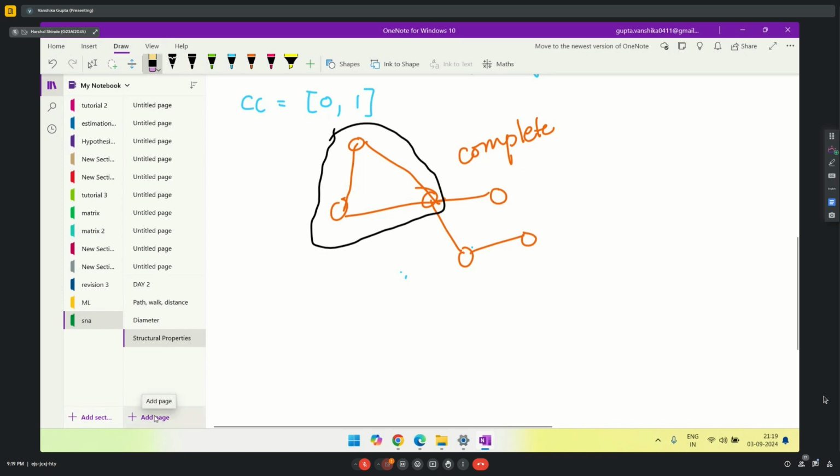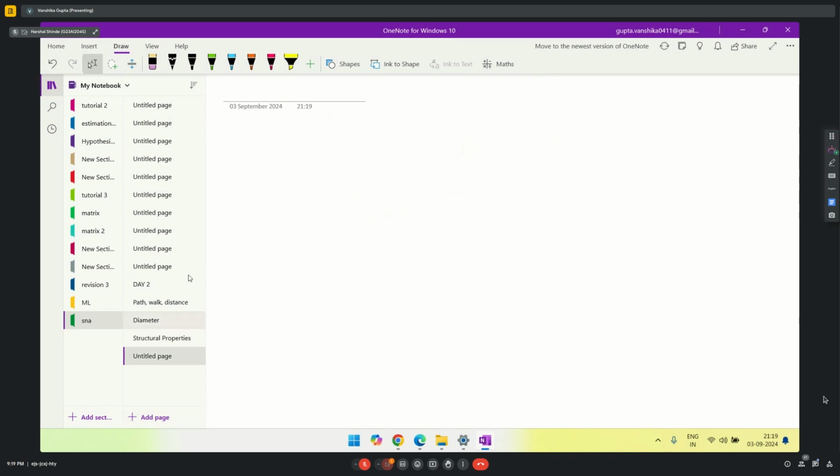Now moving on to the second structural property, which is centrality. What is centrality?